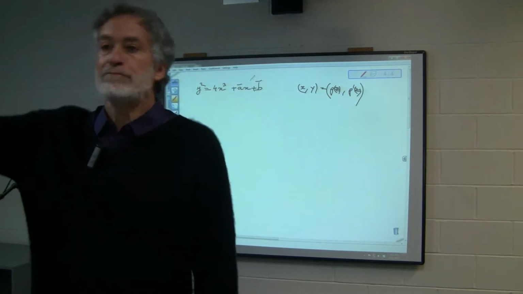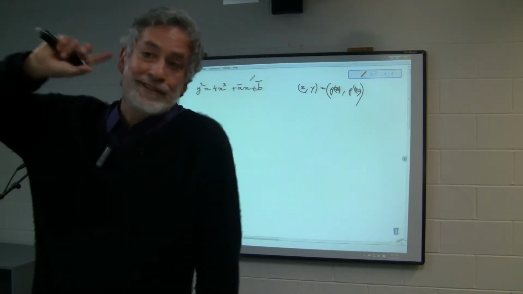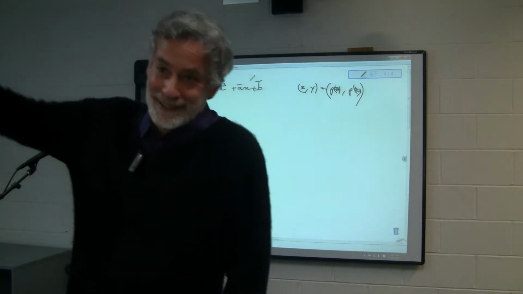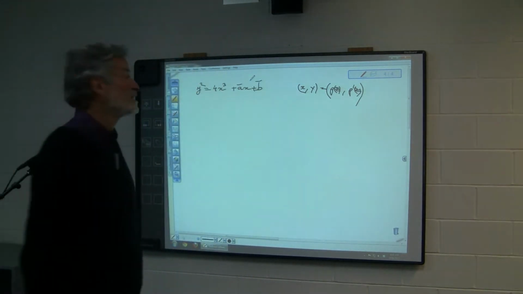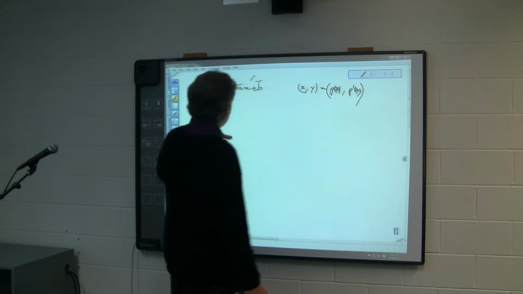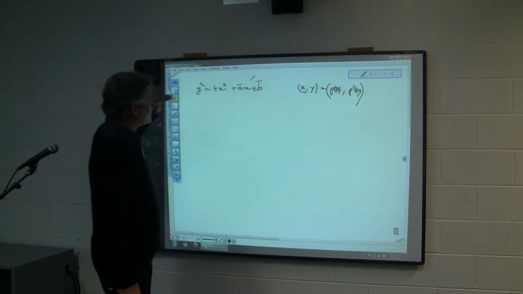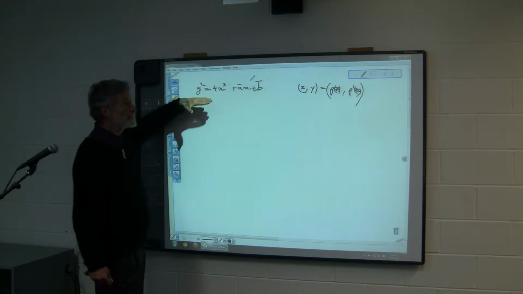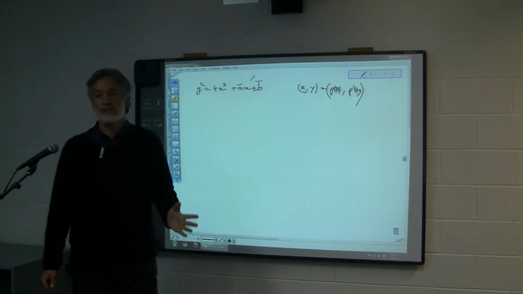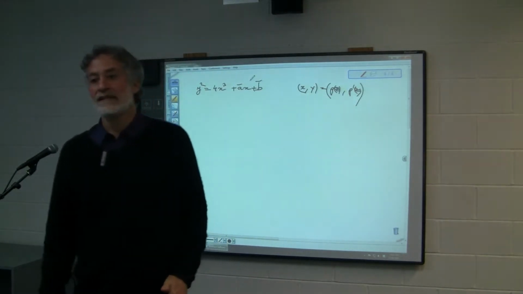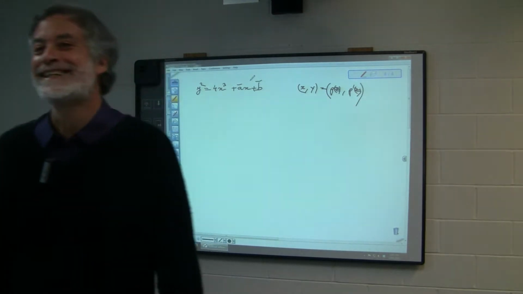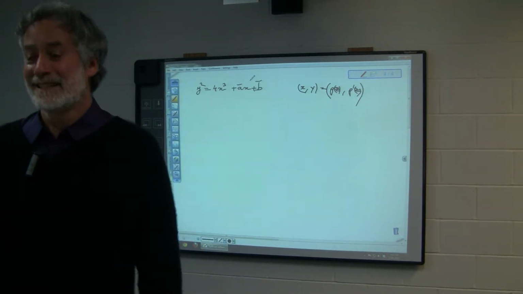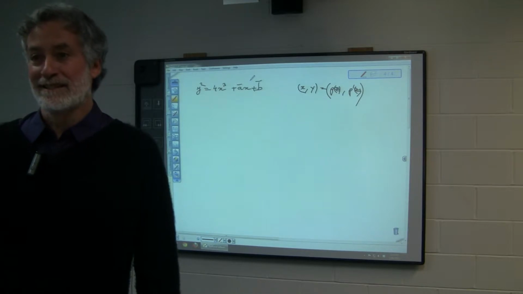I mean, P of z and P dash of z are periodic, so you get the same values if you change by a lattice point. But what I'm trying to say is the solutions to this equation are in bijection with points on the torus.